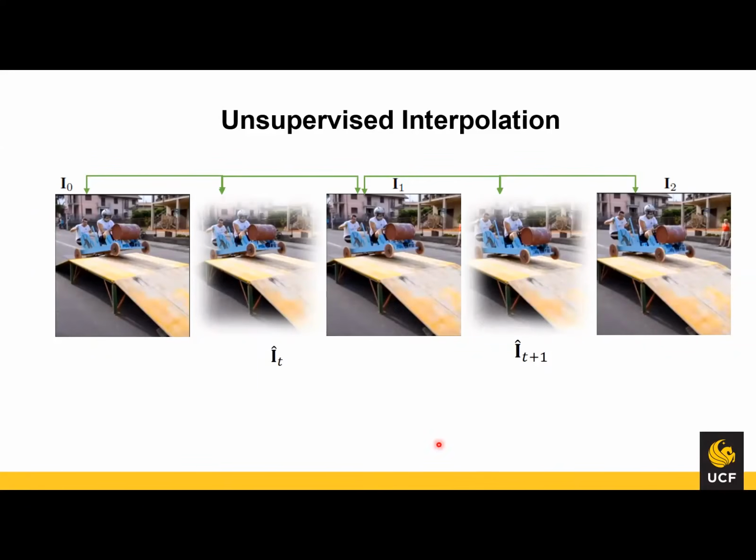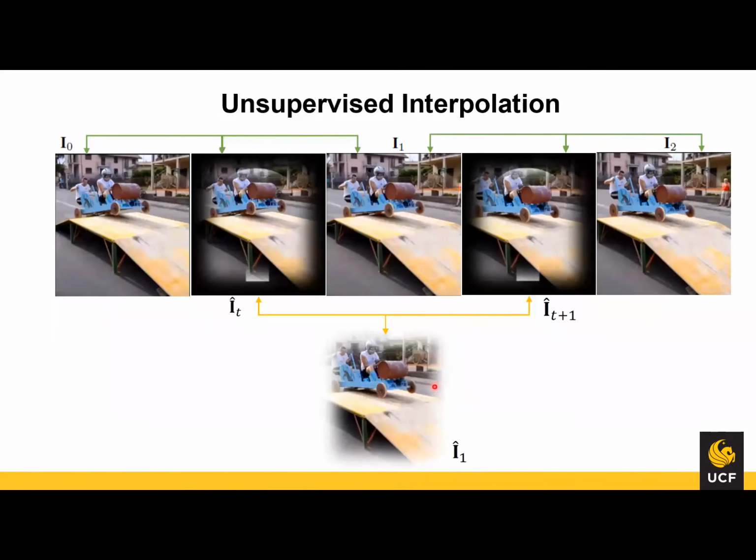And then you have the intermediate frames, which are interpolated using the SloMo model. Then you interpolate between these center frames, so here we interpolate between the previously interpolated frames, and we have another frame. This is the center frame, which is labeled I hat sub 1.